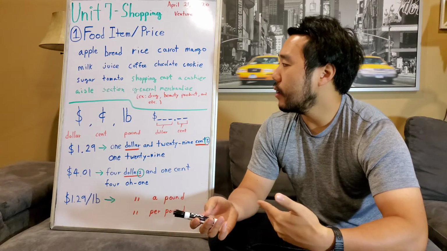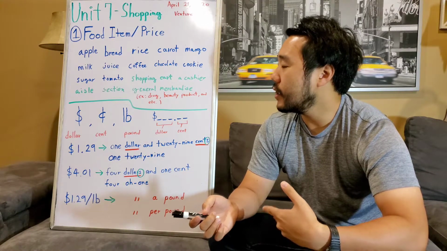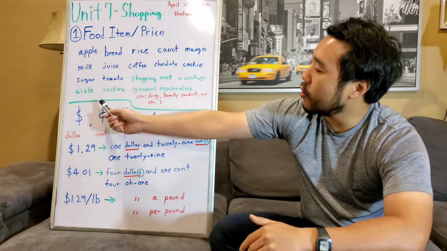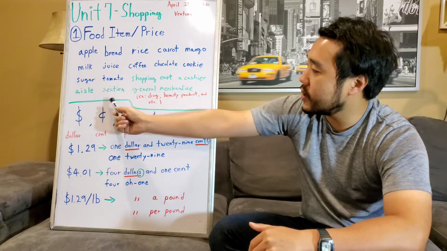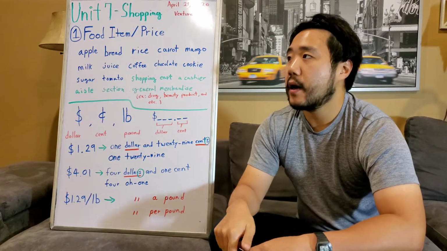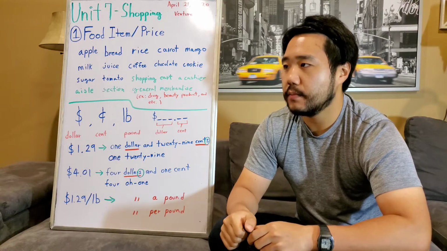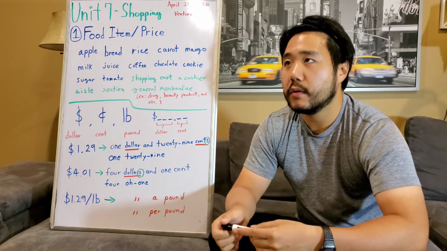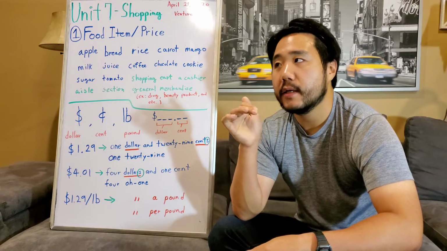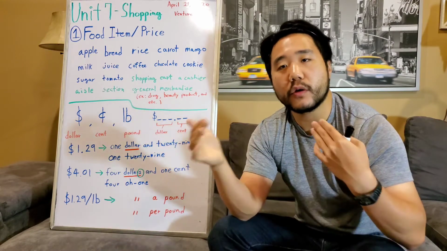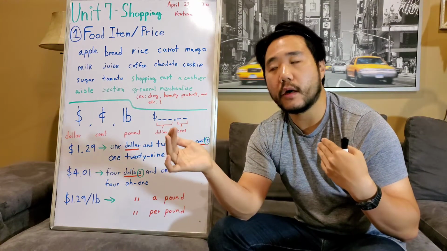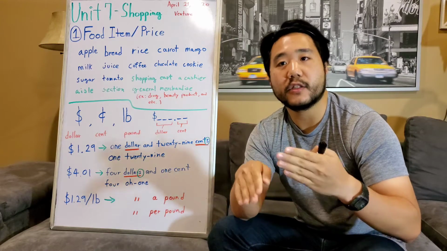And in addition to that, there's a word that everyone should know: a section. In the beginning of Unit 7, I told everyone how grocery stores are organized into different sections.